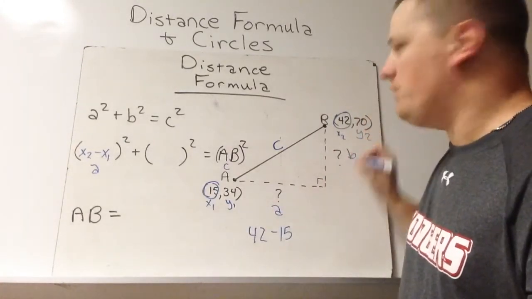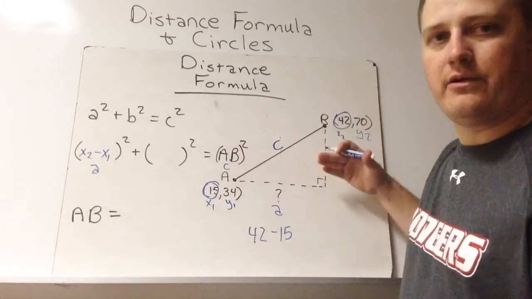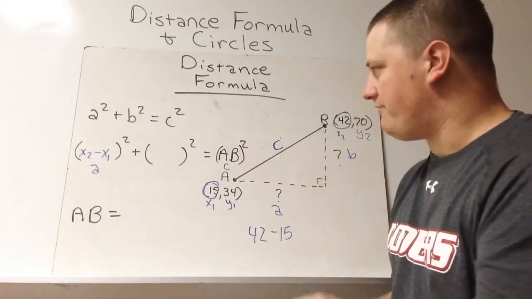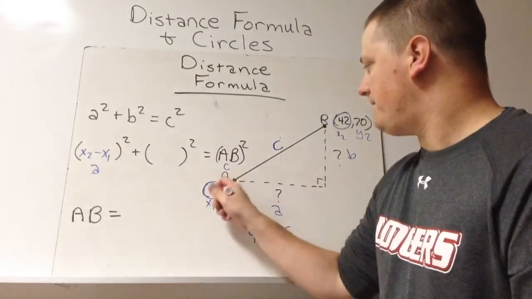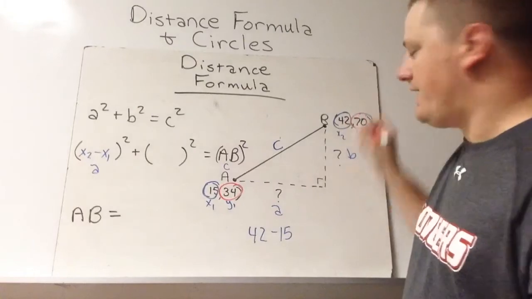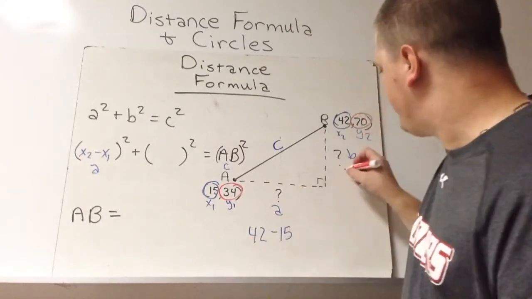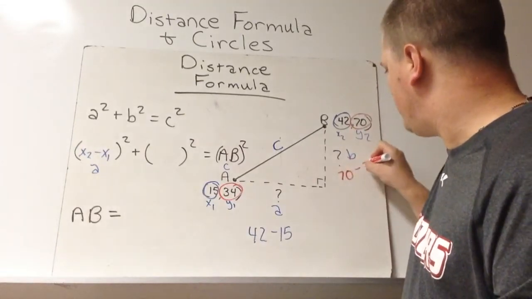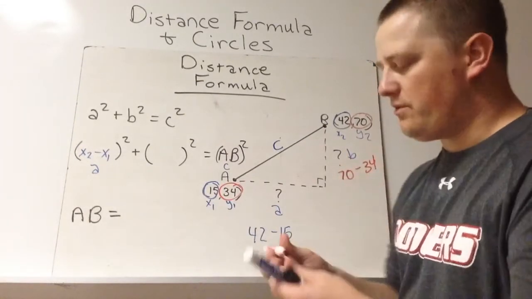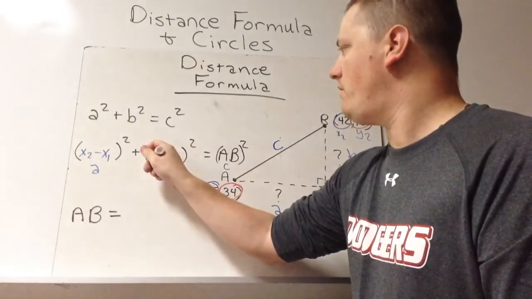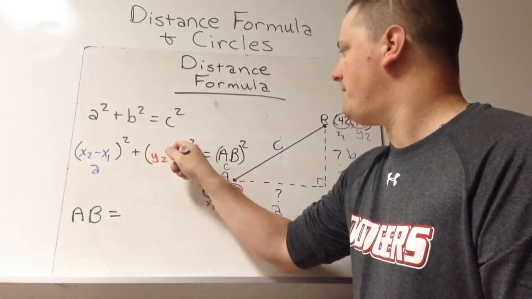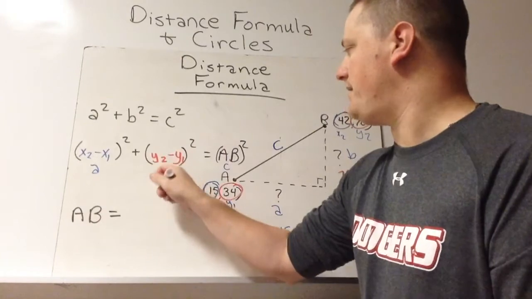Here's our b value. Well, the b value is going up and down, so that one is most likely focusing on 34 and 70 here. What's the distance between them? Well, it's going to be 70 minus 34, otherwise known as y2 minus y1, which is our b value.